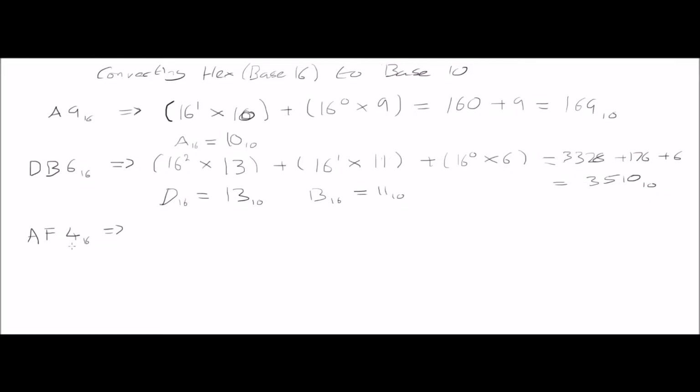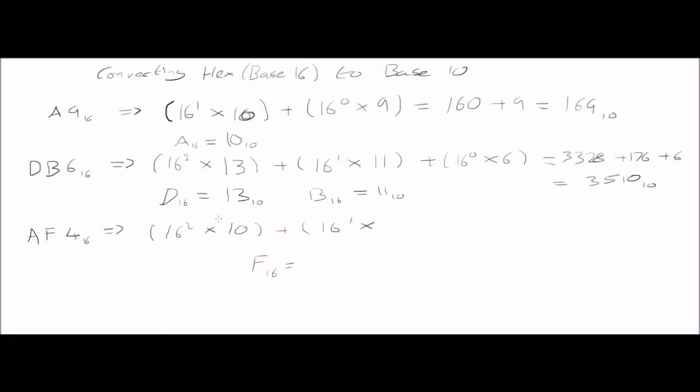Okay, now for our final base 16 number. So as with the previous one, I'm going to do 16 to the power 2 first, times by the decimal equivalent of A. We've already worked out what that is up here, so we're going to times it by 10, plus 16 to the power 1, times that by, well, what's the decimal equivalent of F?